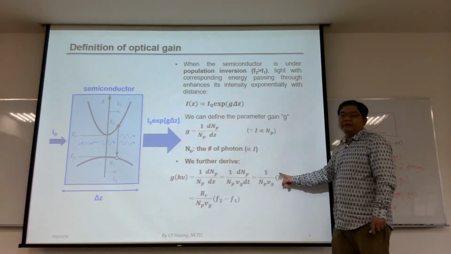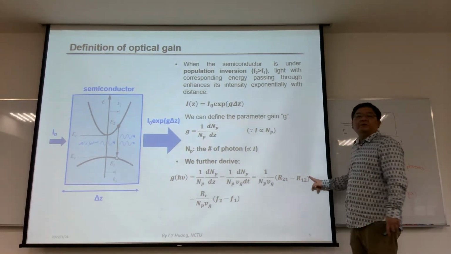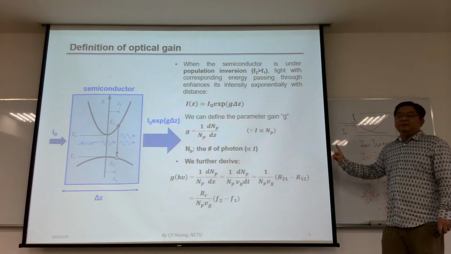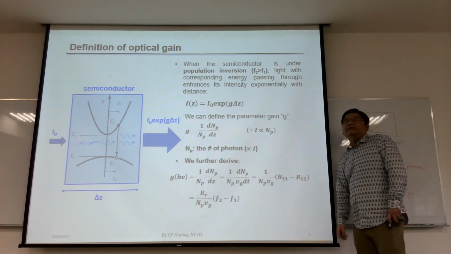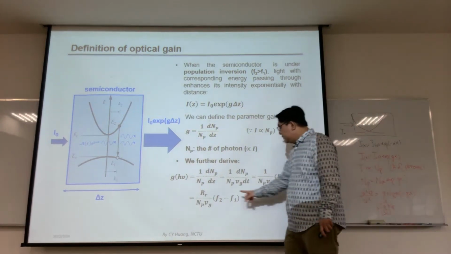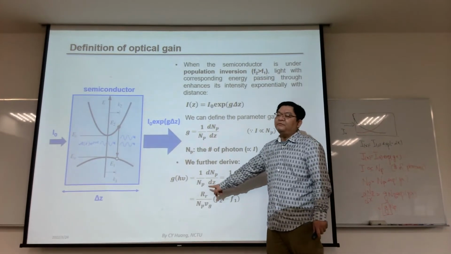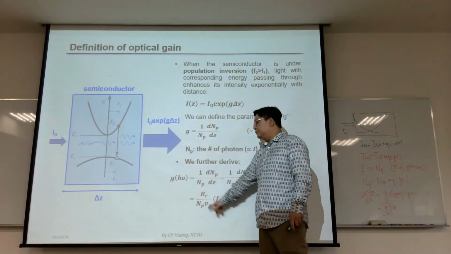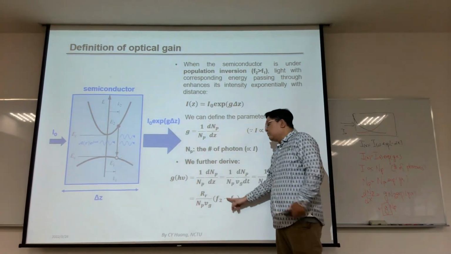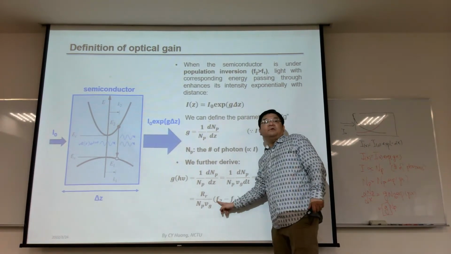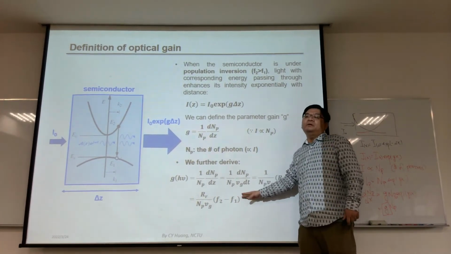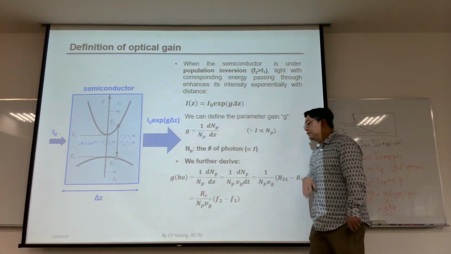And luckily, we know that R21 and R12 are a pair transition with the same radiative constant. So it can be further reduced as R_R, the term we learned from Fermi's golden rule, times F2, the probability of a carrier in the higher level, minus F1, the probability of a carrier populating the lower level.